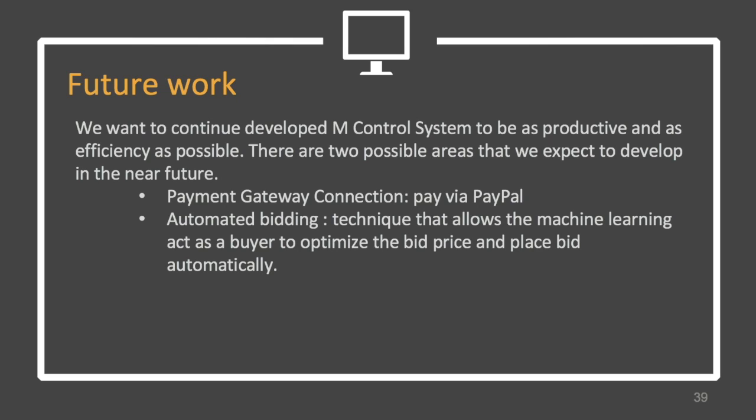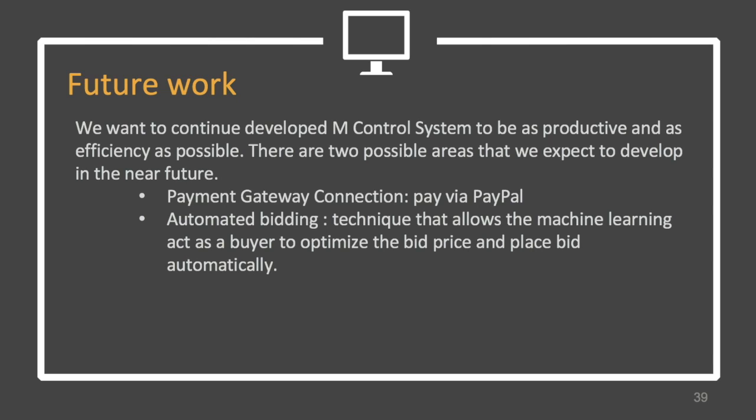There are two possible areas that we expect to develop in the near future. The first one is payment gateway connection. The payment gateway is the most crucial part because it is the core function that should come after the bidding logic is complete, and we use the payment gateway by paying via PayPal.